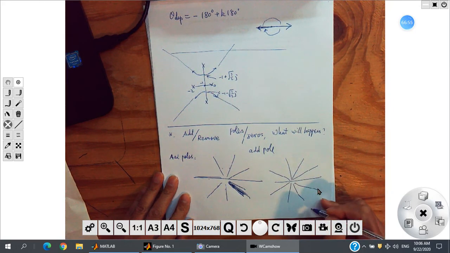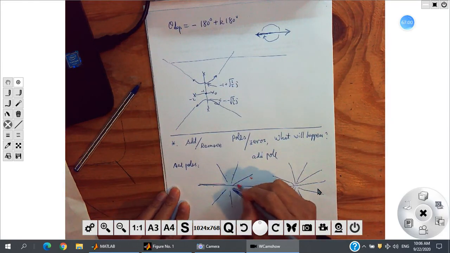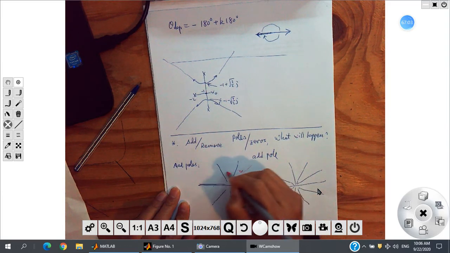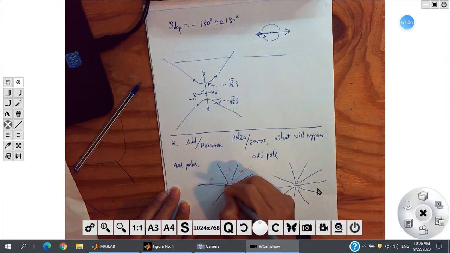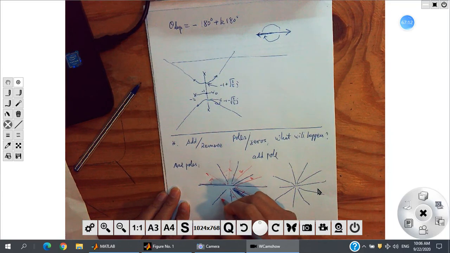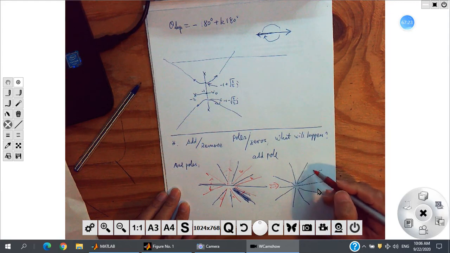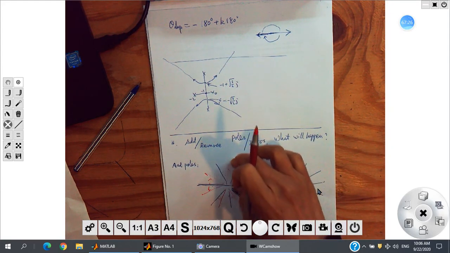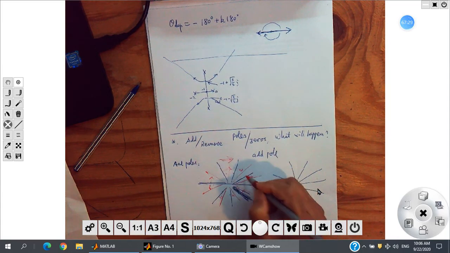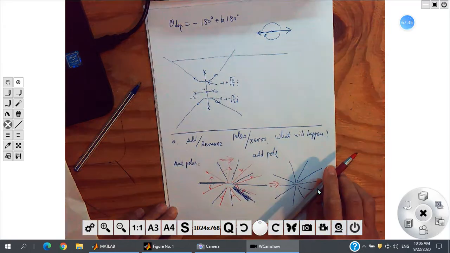So it looks like this: going down to here, going up to here, and this one separate. Every time you add a pole, you just pull it this way, so all the root loci move toward the right side.